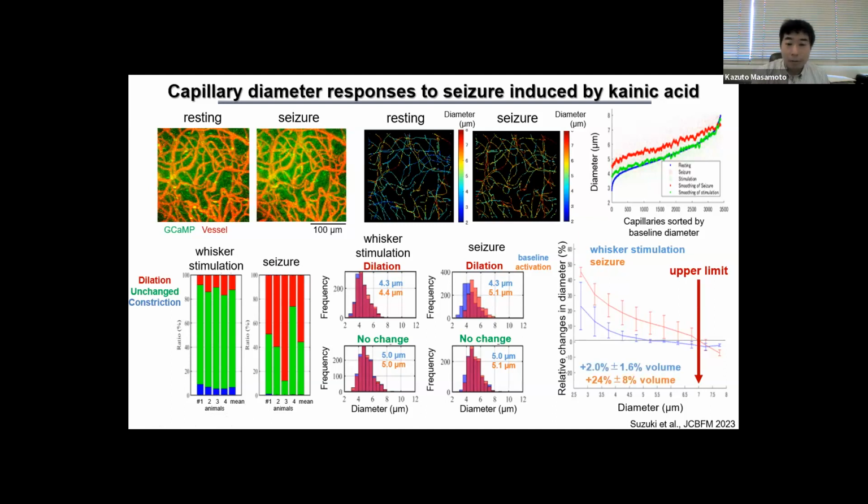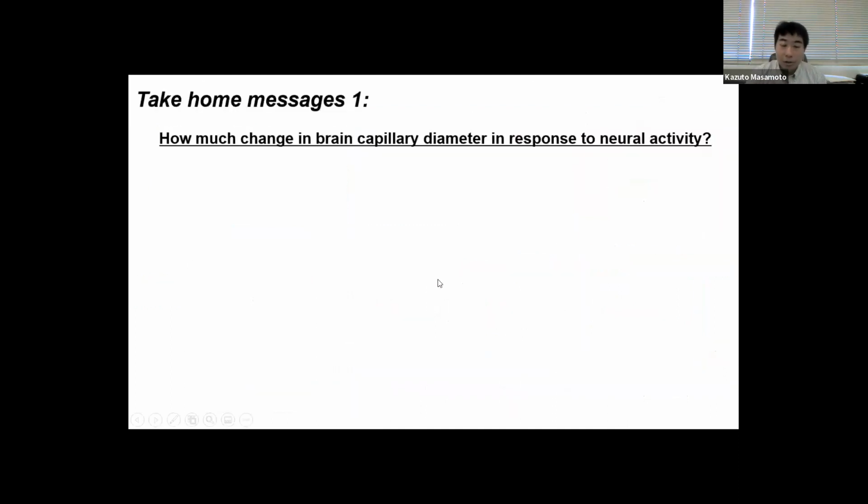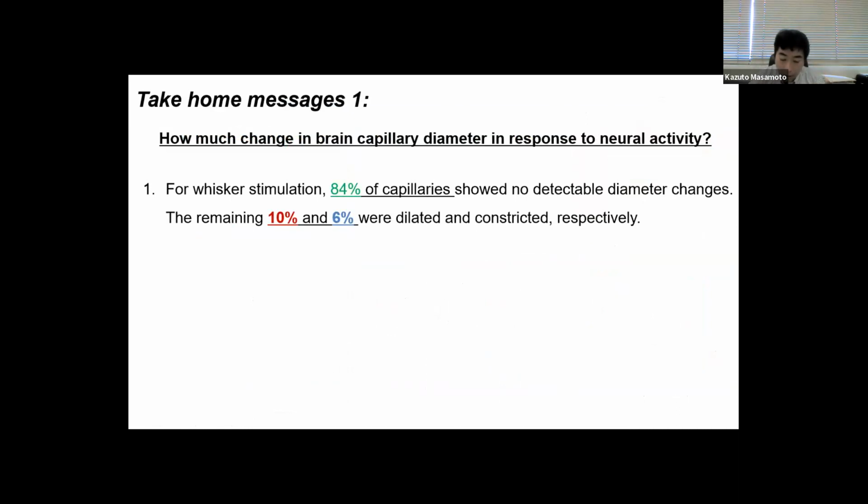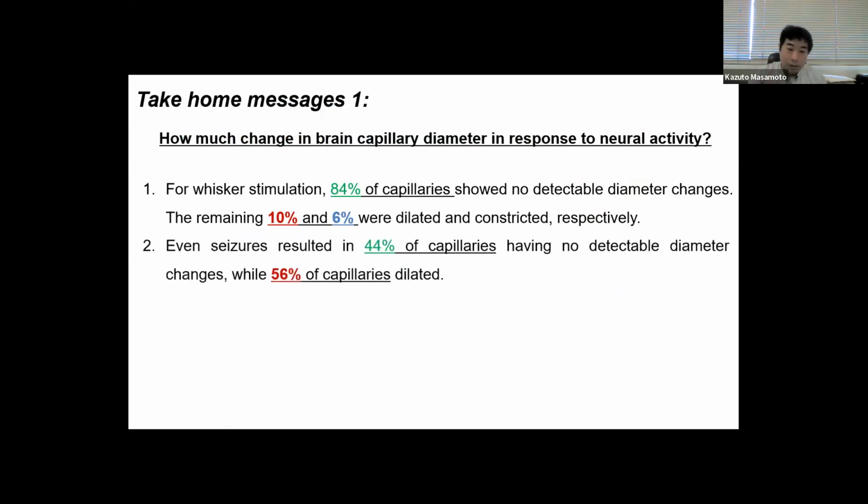So to summarize, how much the brain capillary diameter changes in response to neural activity depends on the baseline diameter at rest. The sensory stimulation caused 84% to have no change in our experimental condition, and 10% and 6% dilated and constricted. If you increase the stimulation, increase the neural activity, using the seizure, still 44% has no detectable change, but 56% of the capillaries dilate.